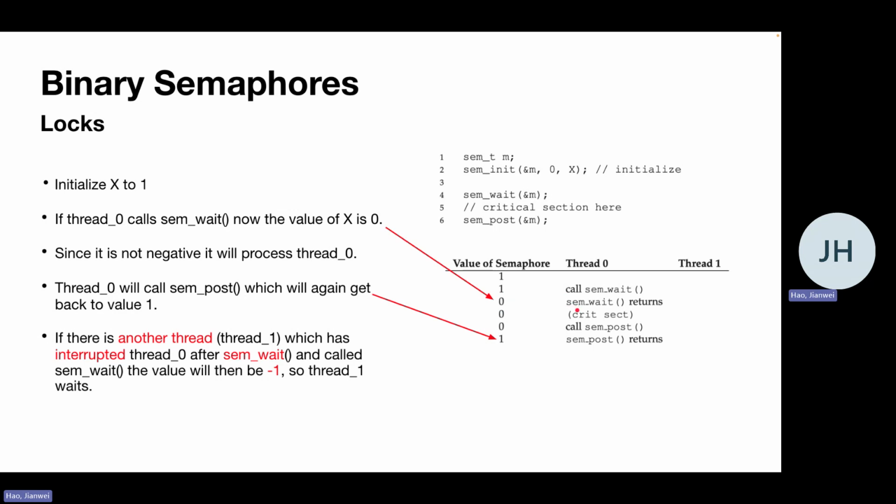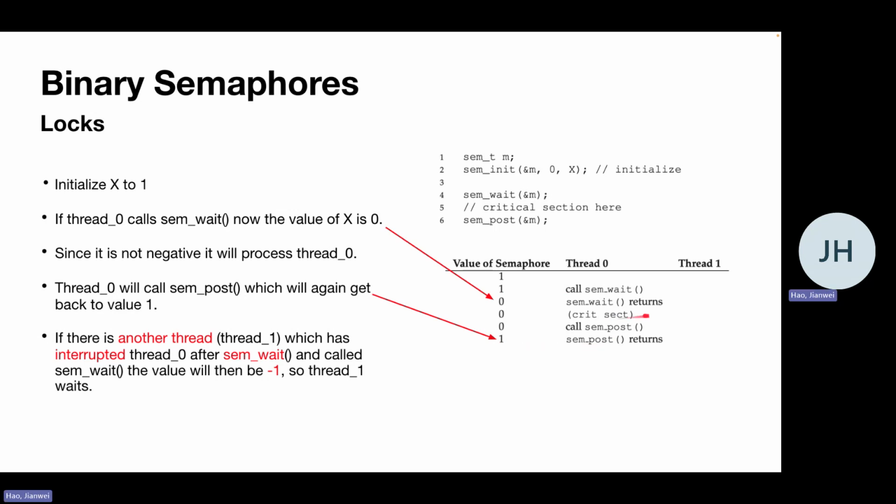And then the call returns. The next step is that the function can access the critical section and make some changes to this section. After the operation is completed, it will call the post function, which means it has completed the operation. When they call the post function, it will increase the semaphore's value by 1.